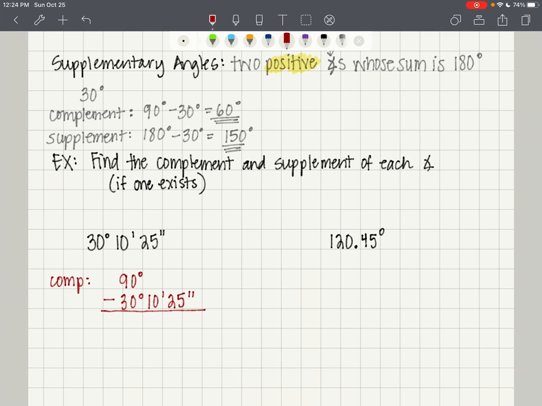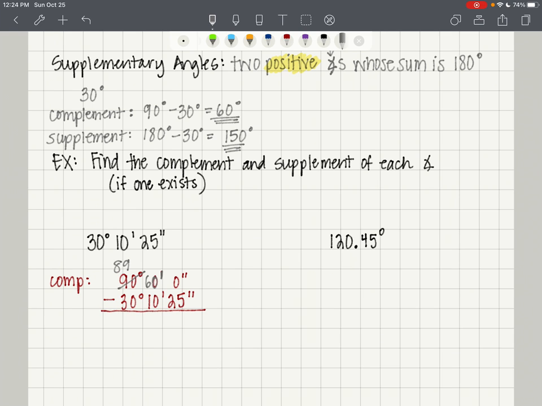But right here, I have 0 degrees, 0 minutes, 0 seconds. So I'm going to have to borrow from this 90 degrees. I'm going to borrow a degree, and that's going to give me 60 minutes.